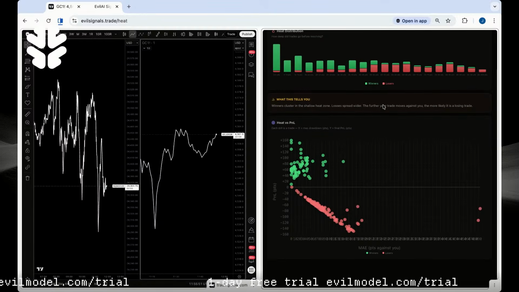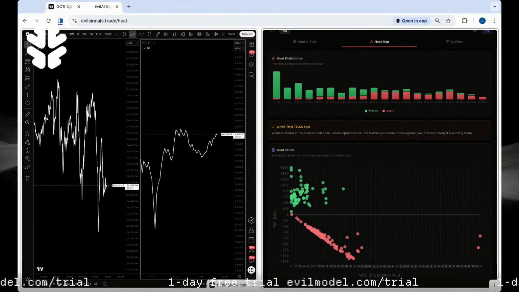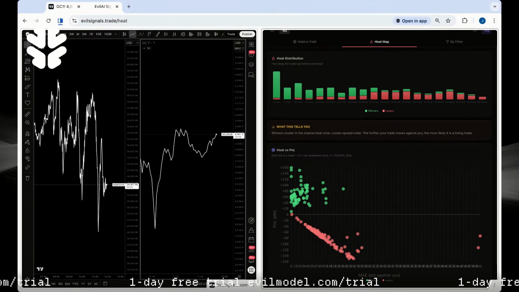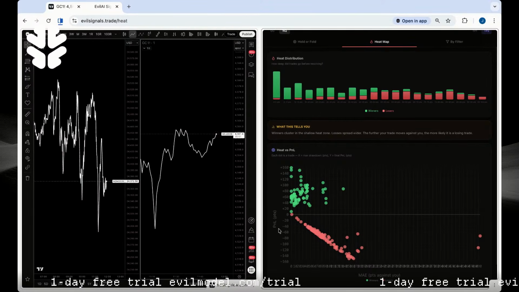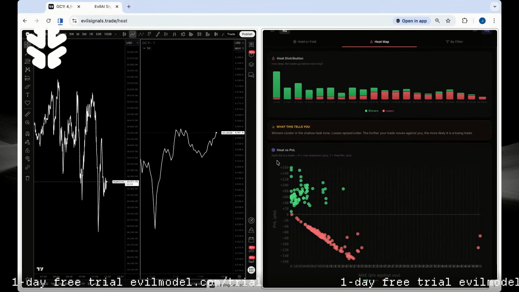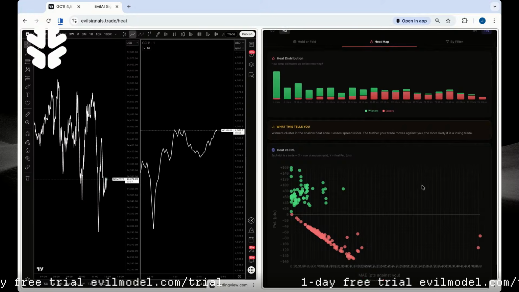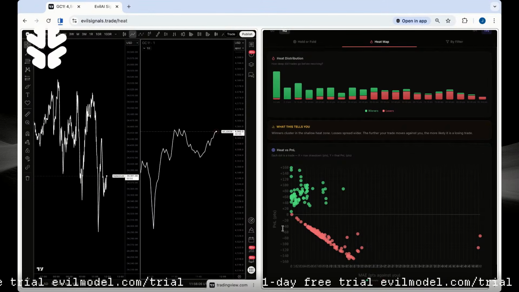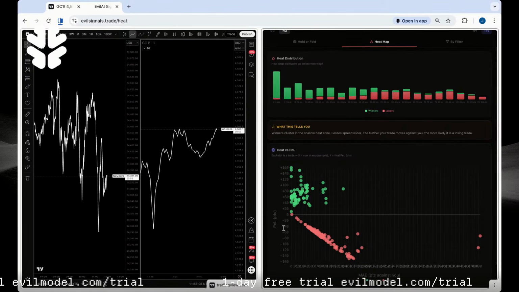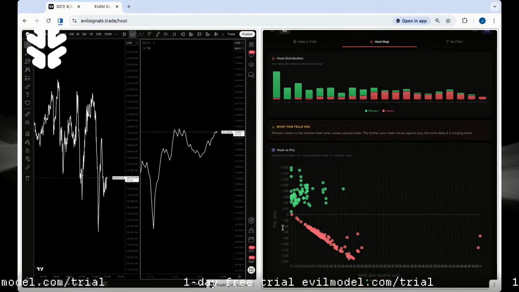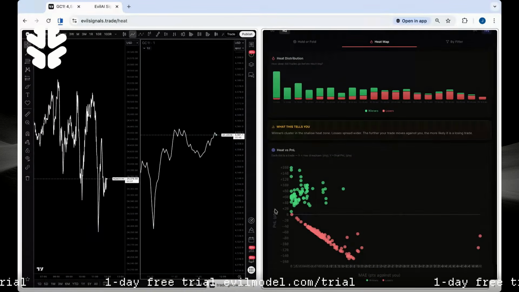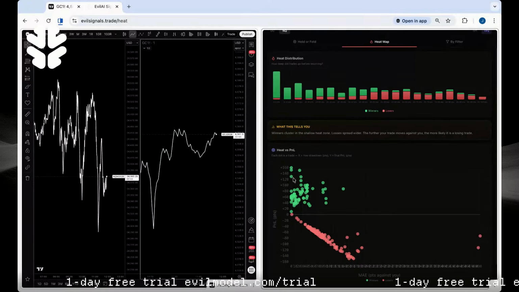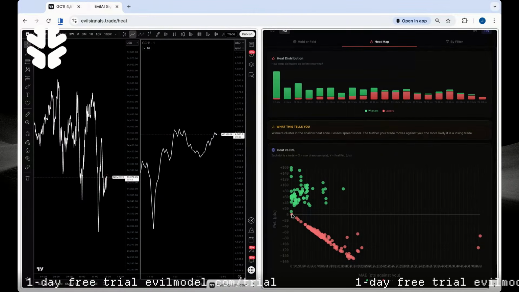And then we've got a heat versus P&L sort of matrix thing going on there. It's literally showing that the y-axis is showing you that P&L. Yeah, the P&L was positive, right, when we didn't drop.